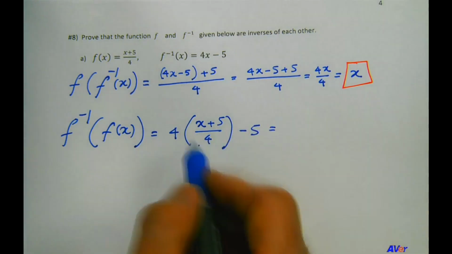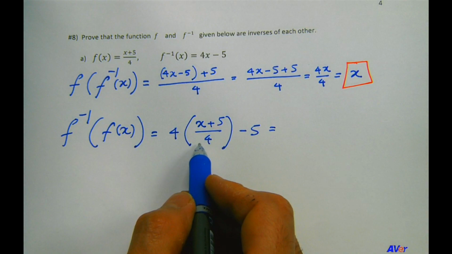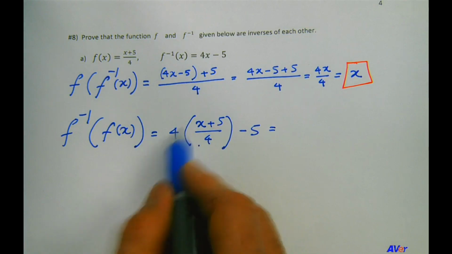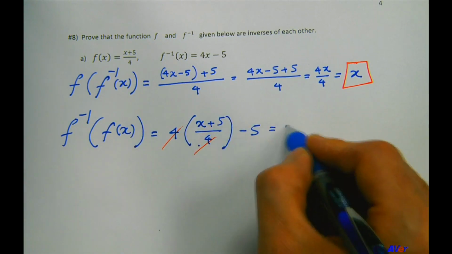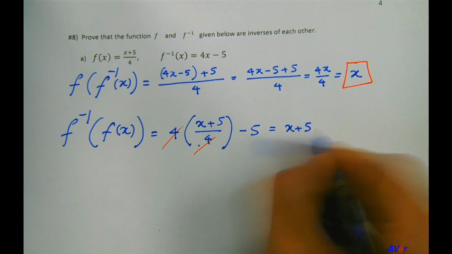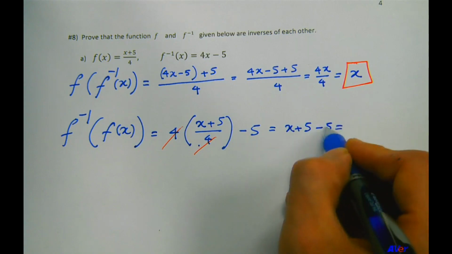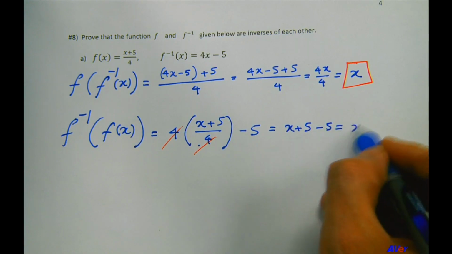This can be easily simplified, right? 4 and 4 cancel each other out. We end up with x plus 5 minus 5. Minus 5 and 5 add up to 0. We get x.